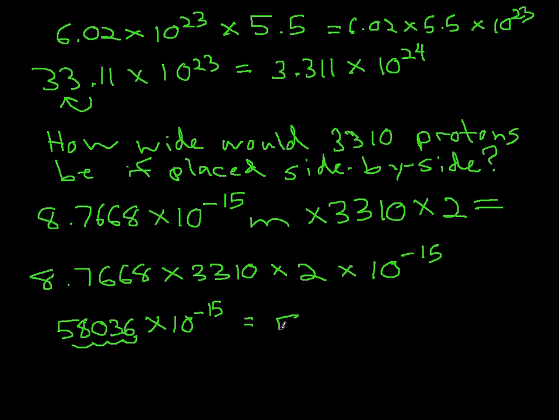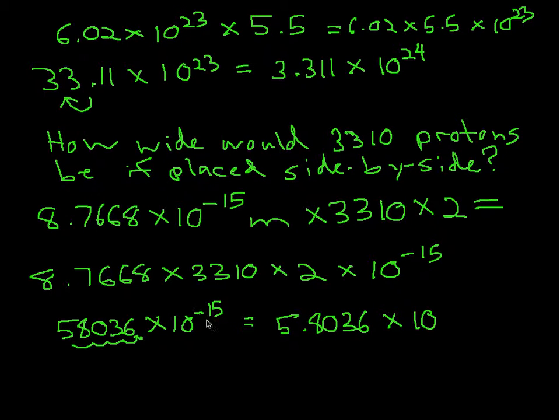So this becomes 5.8036 times 10, and I move the decimal point from this position. I'm moving it to the left 1, 2, 3, 4 places, and so now I need to do something with this exponent of negative 15.